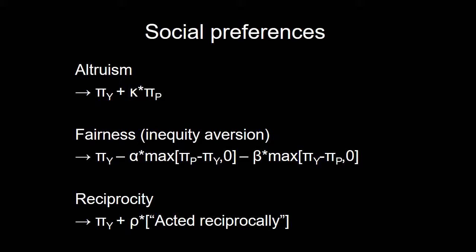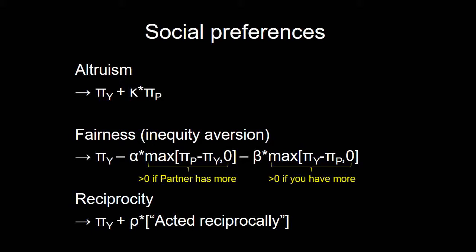There's fairness or inequity aversion, where the utility function is your payoff minus some constant times the amount more than you the partner has, minus some other constant times the amount more you have than the other person. And in general, we said people dislike it more when the partner has more than when they have more, which is to say alpha tends to be larger than beta.